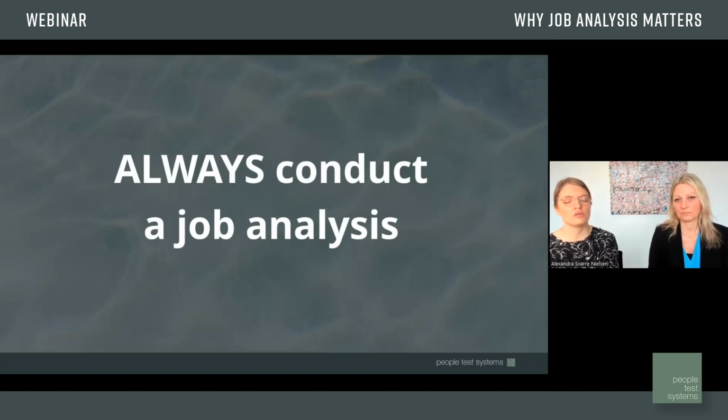For every position that you need to fill, you need to consider how high the complexity is in this job, and is it PTL that is the most proper assessment method, or do we have other assessment methods that would be better? And also, should we weight GMA high or low for this job?